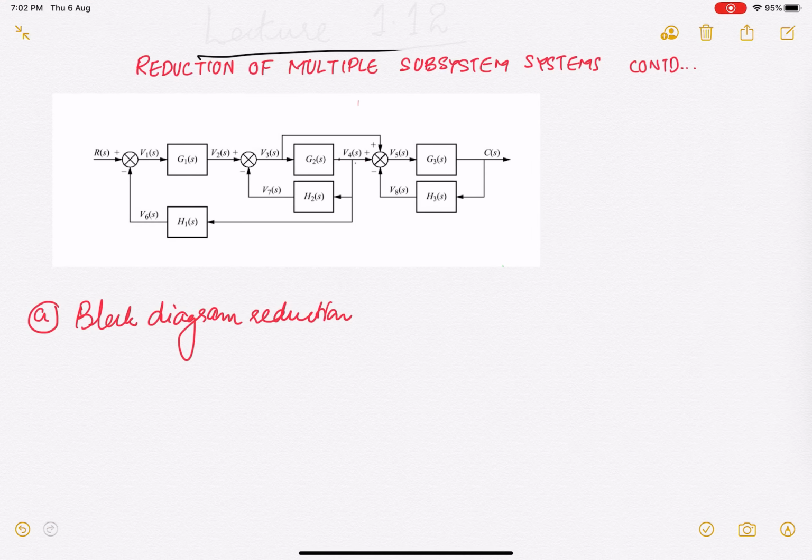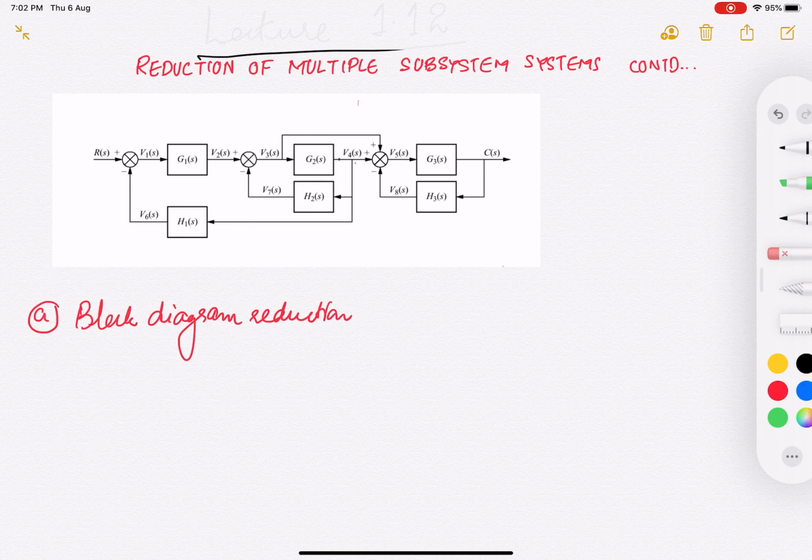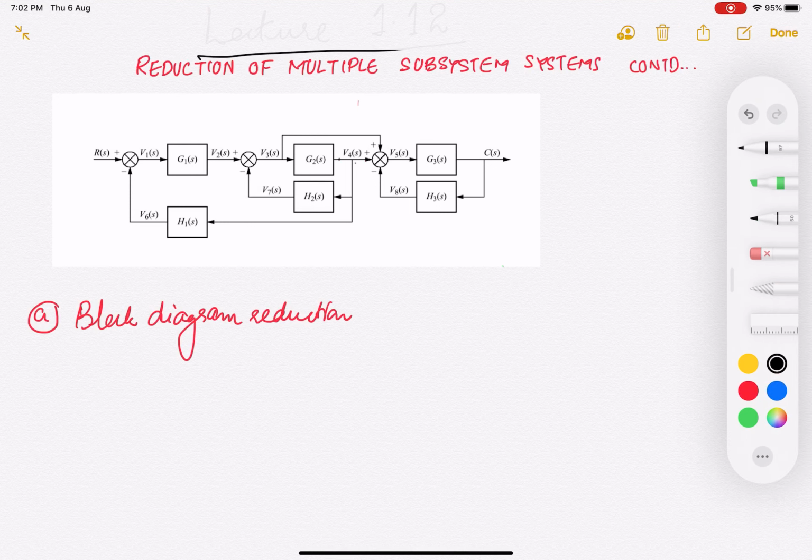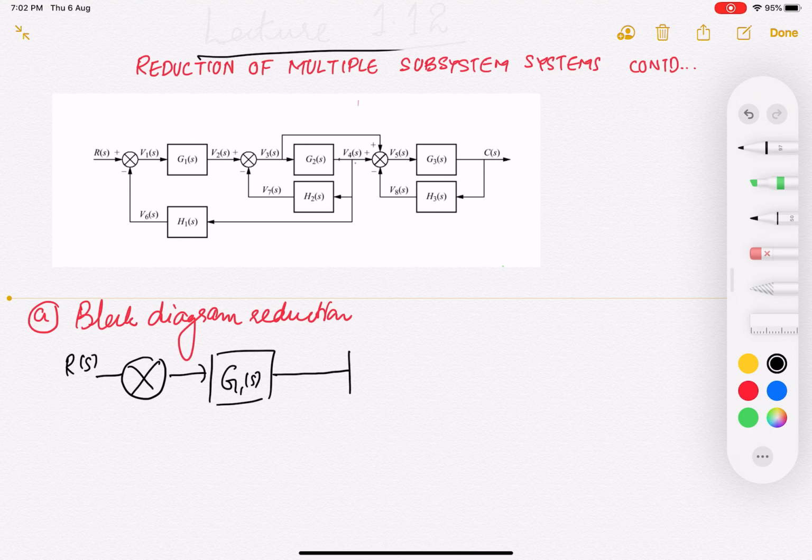So let me draw what we had done. Finally, what we got as a result was something like this. We had this R(s), we had the G1(s), and then we had this G2(s).